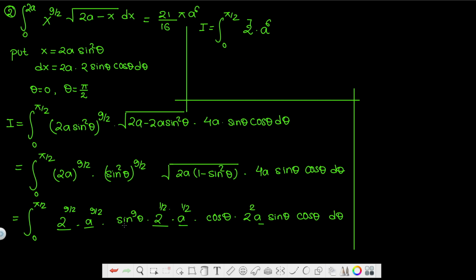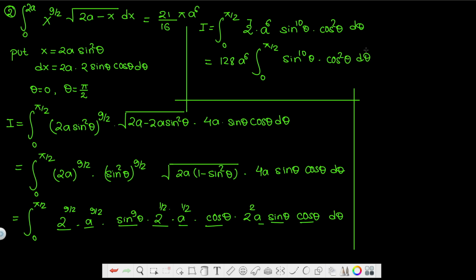Now we have sine theta and sine theta, so we'll have sine to the power 10 theta times, and we have cos here and cos here, we will get cos square theta d theta. So 2 to the power 7 is 128, and we have a to the power 6, and integral 0 to pi over 2 sine theta to the power 10 and cos square theta d theta.